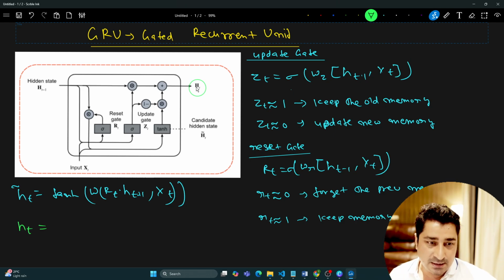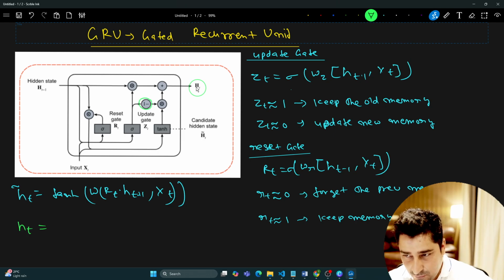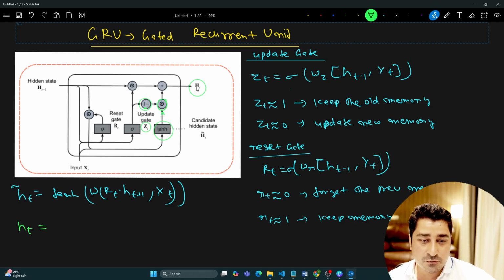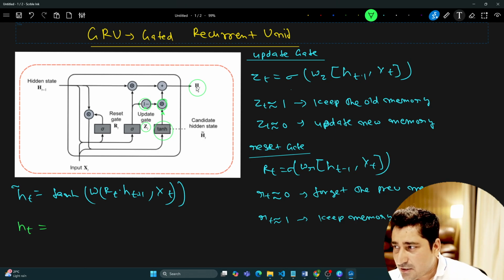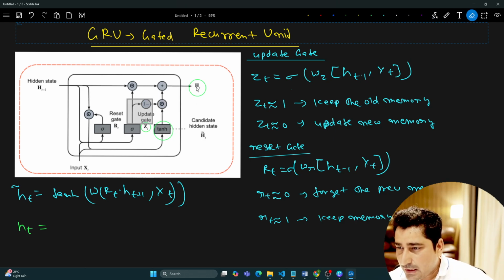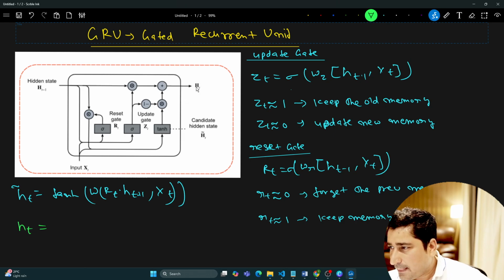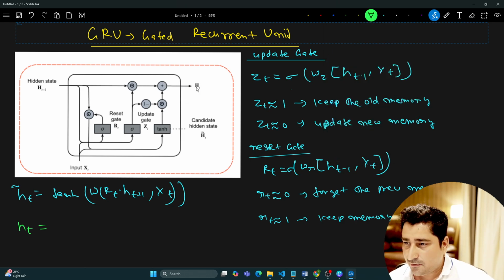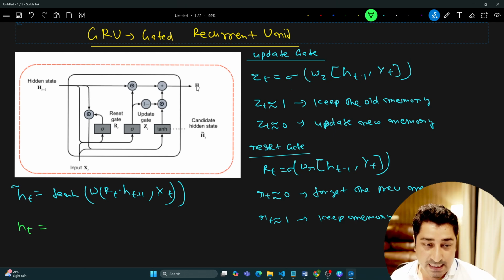So this HT over here is nothing but 1 minus Z of t into HT minus 1. So this is going to be the final HT. Let me write it down in a neat and clean way. And again, you are not supposed to remember much if you are able to understand this architecture.